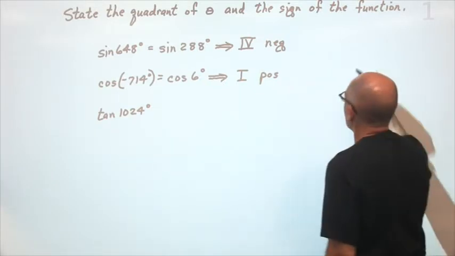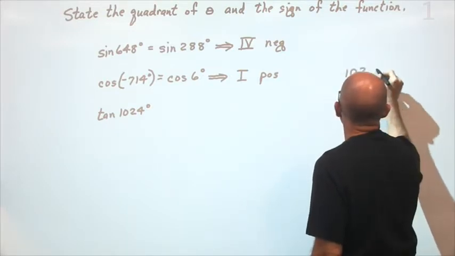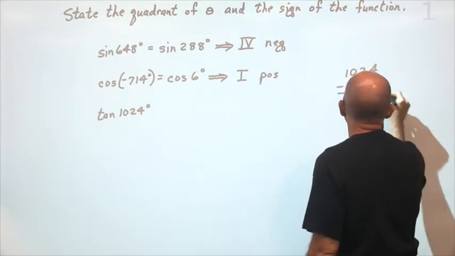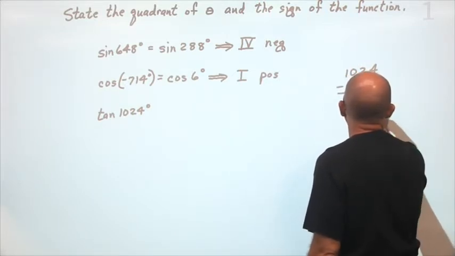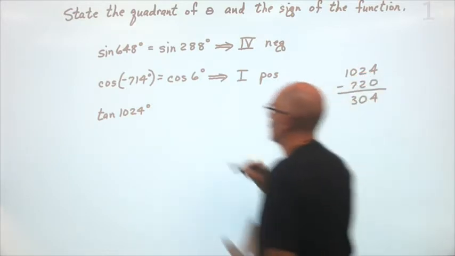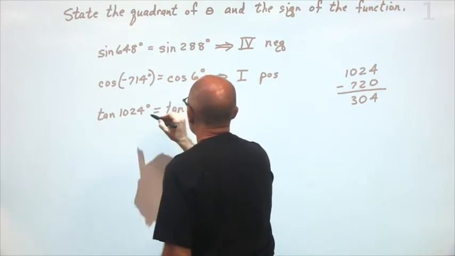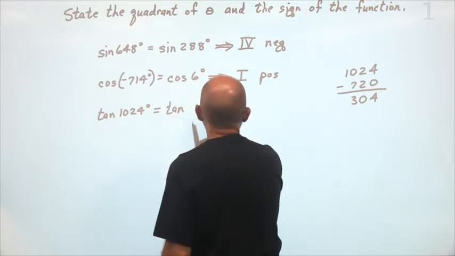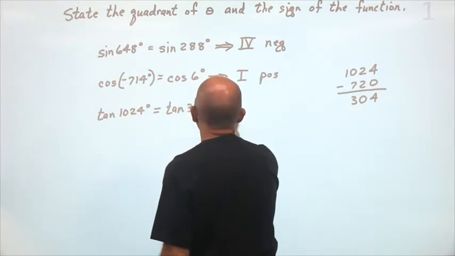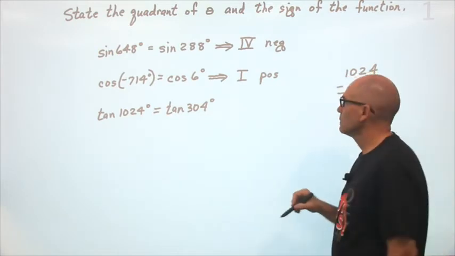So we're going to subtract 720 all at once. 1024 minus 720 is going to equal 304 degrees. So basically when we go from tangent 1024 degrees to tangent 304 degrees, all we did was go 2 full circles clockwise.